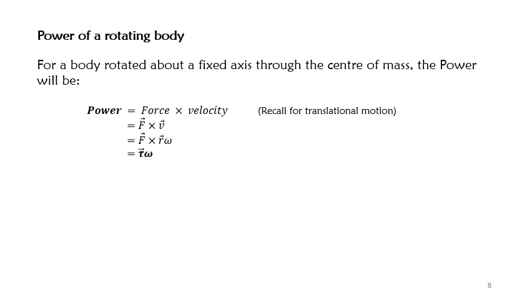From translational motion, remember, power is force times velocity, and velocity is the product of the radius of the axis of rotation and the angular velocity. And again, this cross product of force and R, in parentheses, gives you your torque. So you have your power.